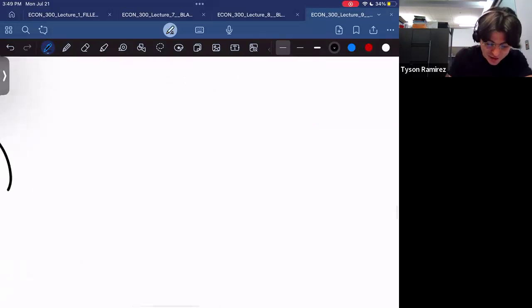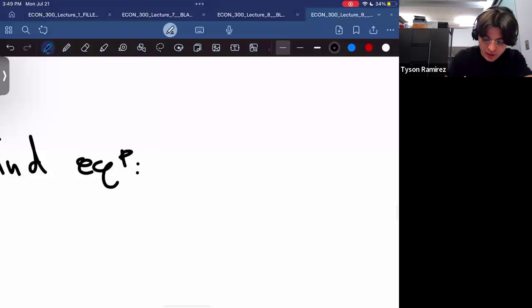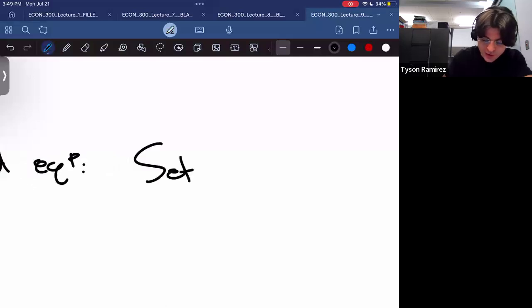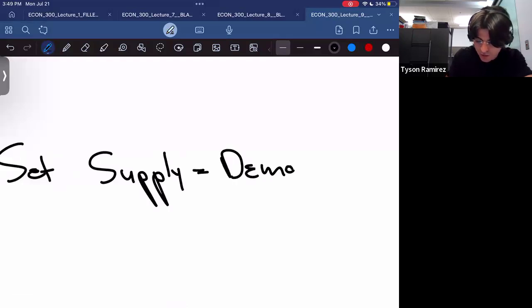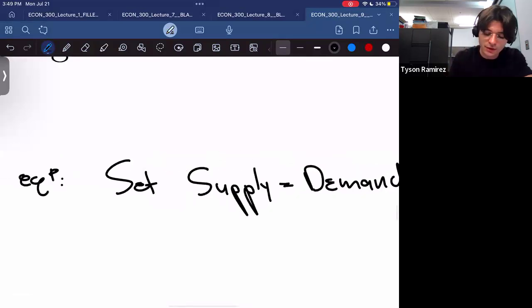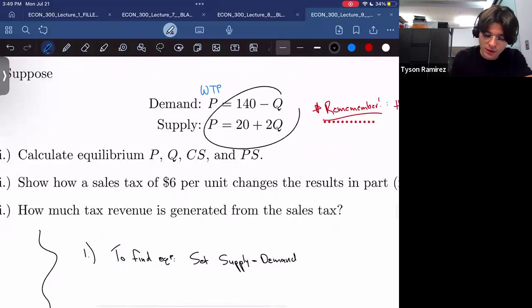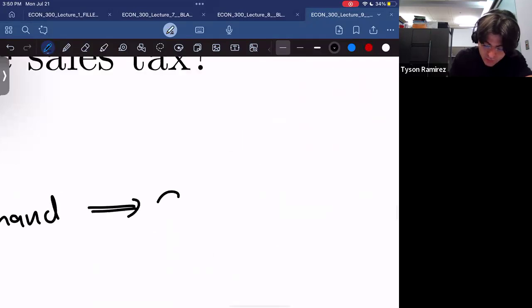Okay. So to find equilibrium, you always want to set supply equal to demand or demand equal to supply, whatever have you. In this form, this will give us a quantity. This will give us Q star.